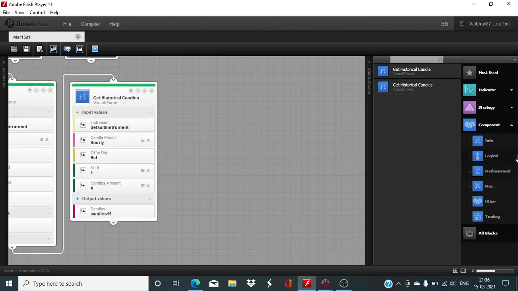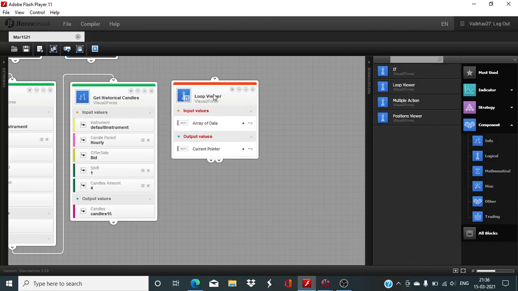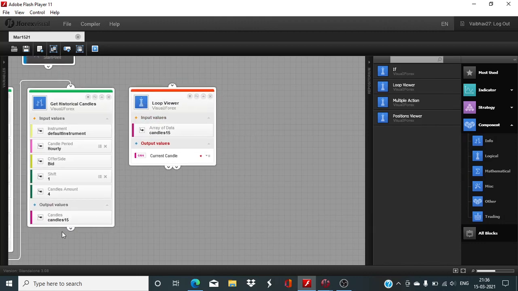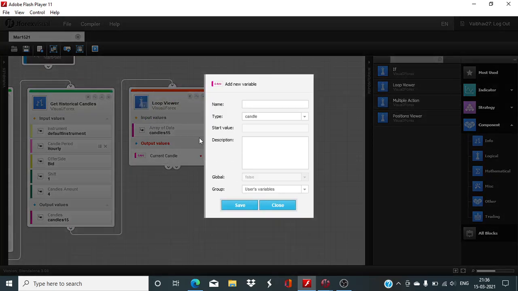Okay, and since this output is an array of data, we will also have to take the loop viewer to retrieve individual values as and when we require. So this, and we will take this as historical candles for volatility.